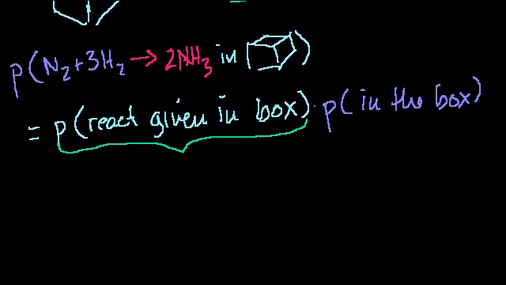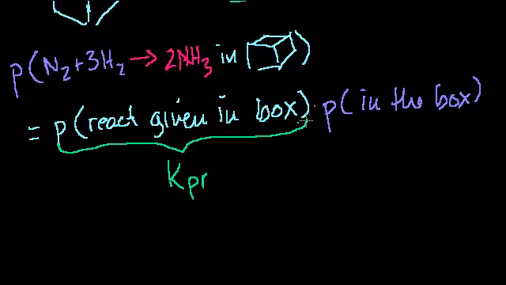So I'm claiming that if I give you a temperature, say 300 degrees Celsius, and I tell you that you have one nitrogen molecule and 3 molecules of hydrogen in your box, there's some constant probability that they react. It depends on their configuration and all of that. I'll just call this the constant, a constant probability, whatever it is, of reacting in the box. I could write anything there.